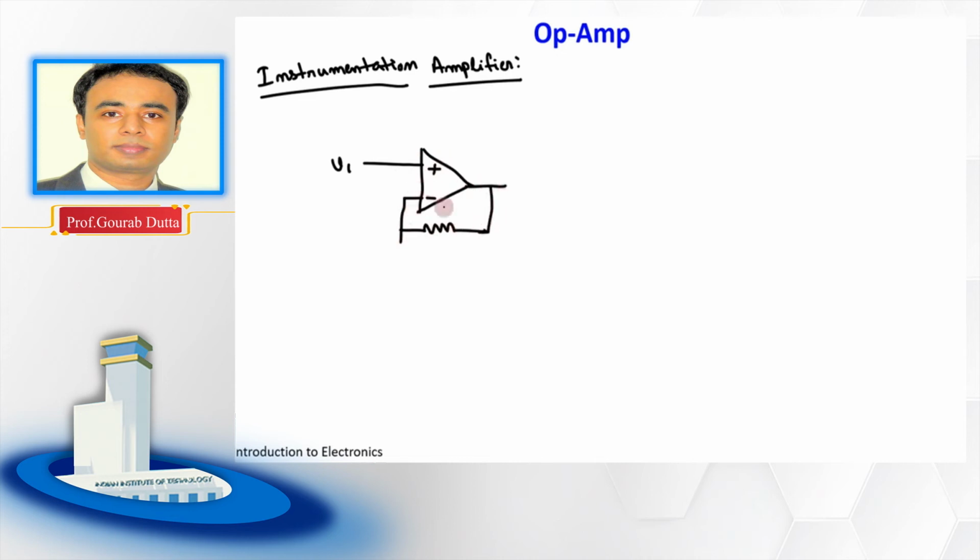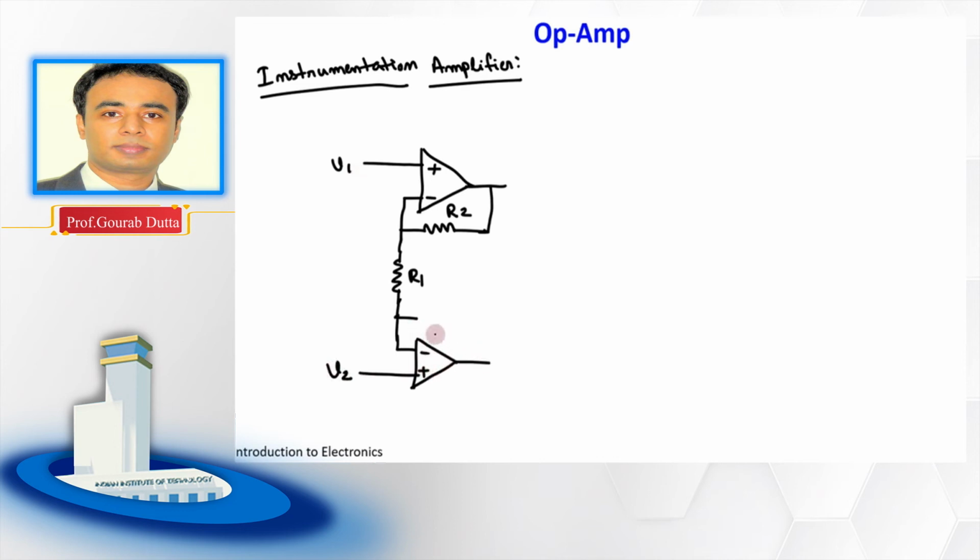So this should be the negative feedback, connected with a resistance R2. Here this resistance R2 is again connected with another resistance which is R1, right? And here we have another op amp. This is negative, this is positive. Here we have the other signal source, that is V2, applied to the non-inverting terminal of this op amp.